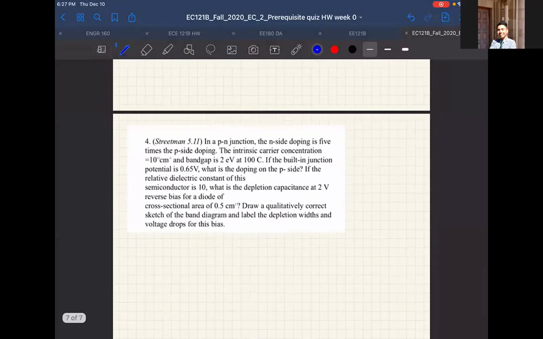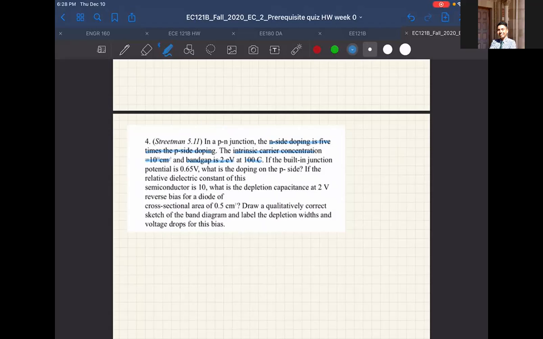The n side is 5 times the doping of the p side, and it gives us the... I can highlight that. The problem is long, but it's important to just know the important parts, which is it tells you the n side doping is 5 times the p side doping. It tells you the intrinsic carrier concentration is 10 to the 11. Band gap is 2 eV at 100.